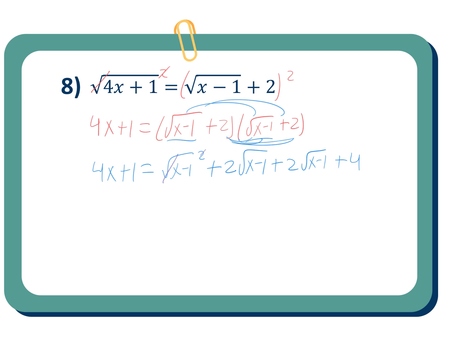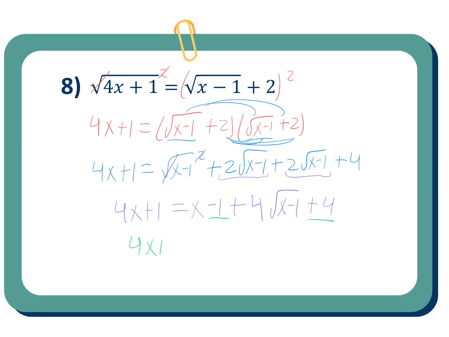The square root and the square are going to cancel. So we get 4x plus 1 equals x minus 1 plus, let's combine these radicals. If they're the same radical, you can add them. It becomes plus 4 square root of x minus 1, and then plus 4. Now let's combine like terms. We can combine negative 1 and positive 4.